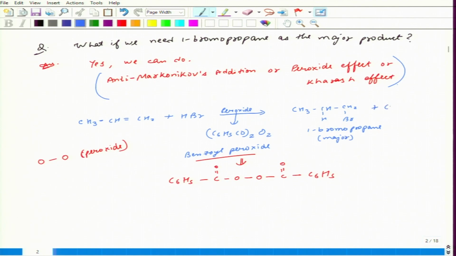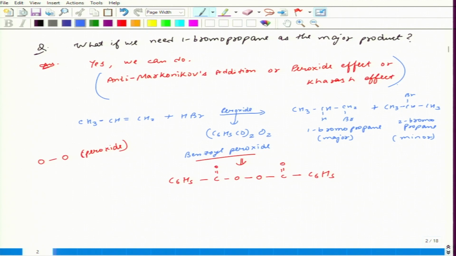Although the second product is also formed, it is not that 2 bromopropane is completely not formed, it is formed, but in a minor, very small amount. The majority of the product is 1 bromopropane, whereas in the Markonikov's addition 2 bromopropane was the major product, and in the anti-Markonikov's addition 1 bromopropane is the major product.